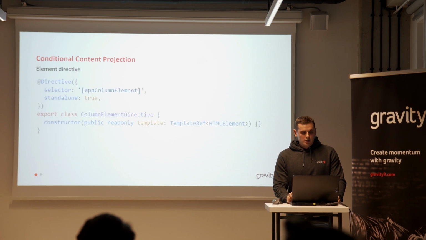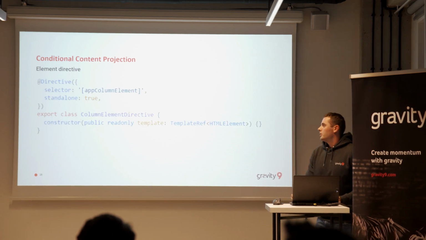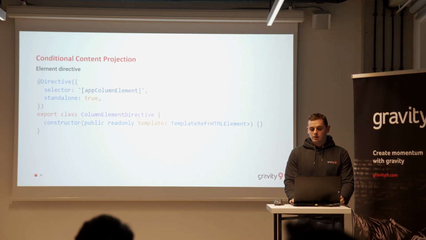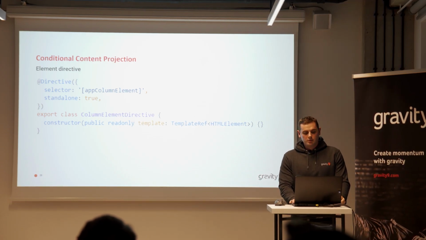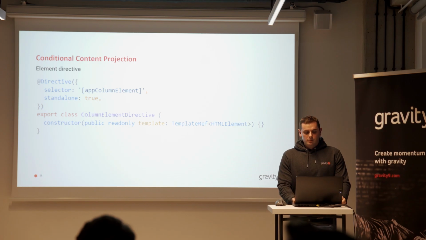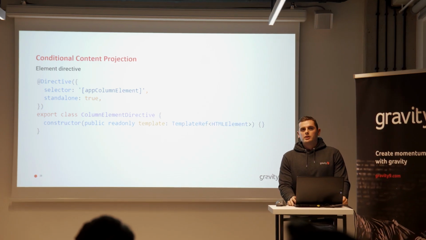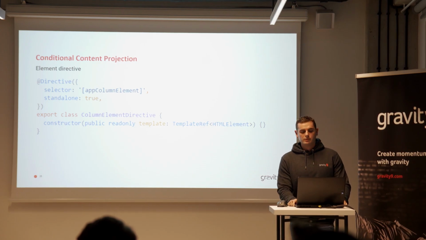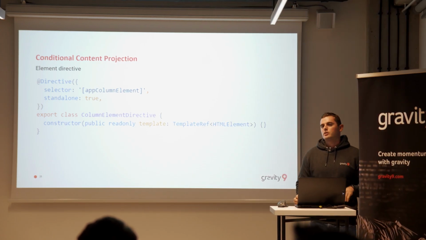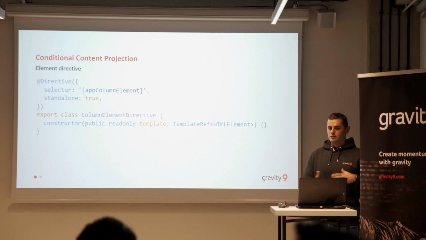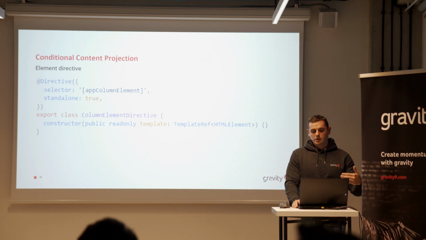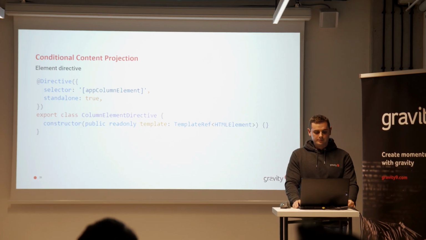Okay. This is the example of the directive that we used to mark the content in the parent component. You can also mark the ng-templates with variables, for example, but in this case you will have to use magic strings in child components, so directives are the better approach, a little bit cleaner.